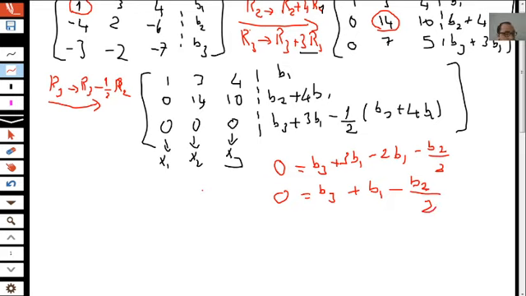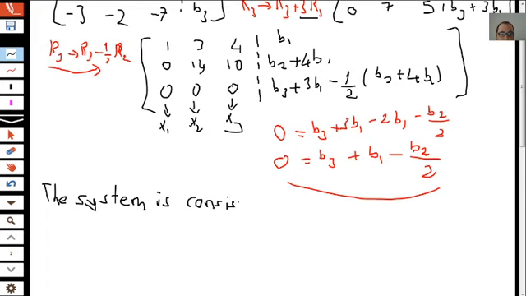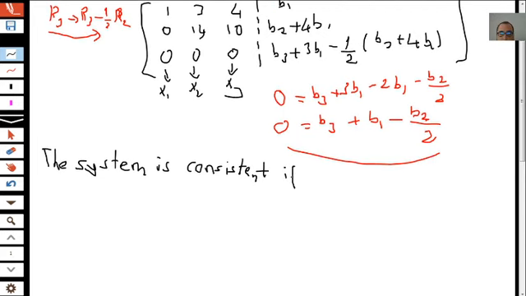So in order to have at least one solution, we should get this equation. Namely the system is consistent, we have at least one solution, if b2 over 2 is equal to b1 plus b3.